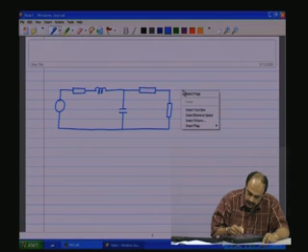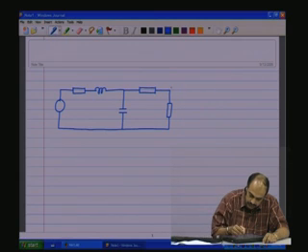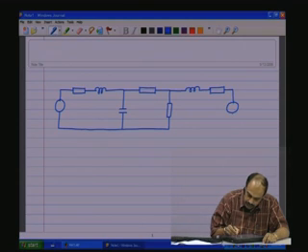And we have, let us say, one more inductance and a resistance and probably a source.